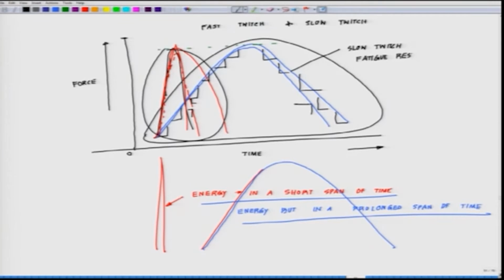They do not get fatigued easily because they are doing it slowly, they are not really rushing, and they derive most of their energy from aerobic processes. All their energy derivation is taking place from aerobic processes.